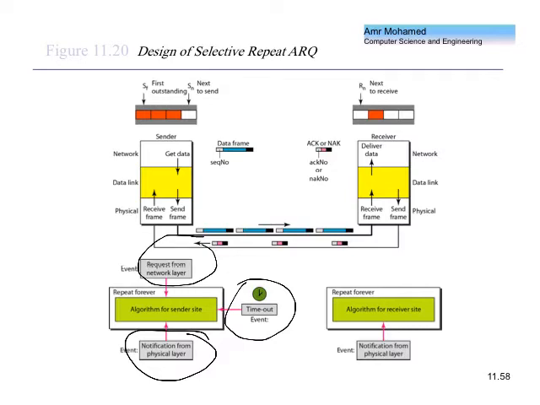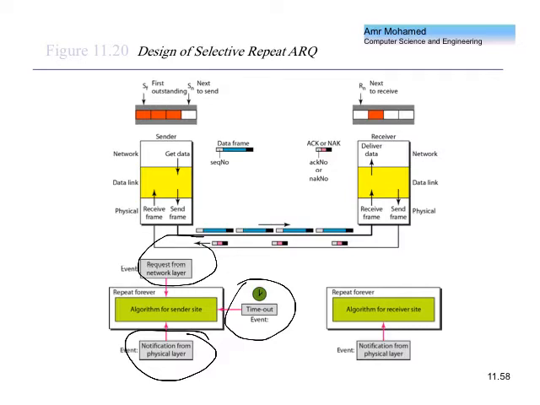Why? Because again, conceptually, to understand it, for each frame I have to set a timer, because I can receive an acknowledgement for any frame. For example, I'm sending frame 1, setting a timer for frame 1, sending frame 2, setting a timer for frame 2, sending frame 3, setting a timer for frame 3. The receiver may actually lose 1 or lose 3, so it will send acknowledgement only for 2.